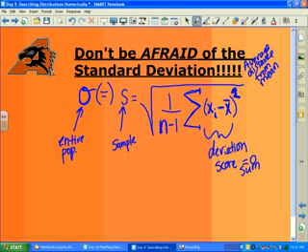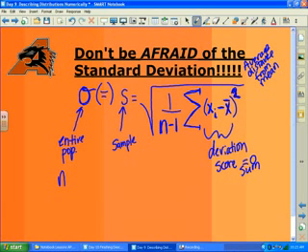But if I have a sample, do I have everybody? It's just a sampling, and so I probably don't have the highest high or the lowest low. That's why it's n minus 1. If I was talking about an entire population and I knew it was the entire population, instead of dividing by n minus 1, I would divide by n. N is the number of things there are.